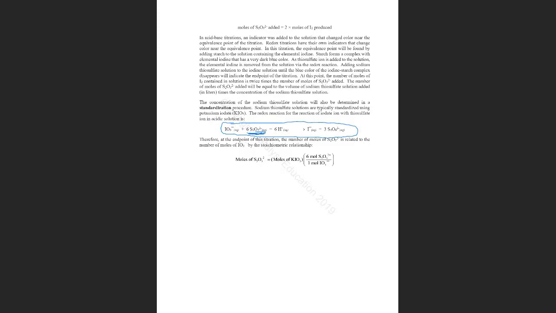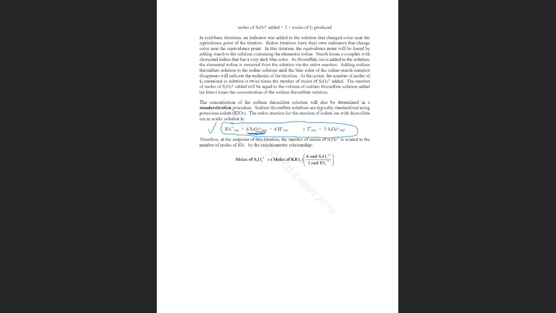So you titrate with sodium thiosulfate until the color suddenly disappears. So it's very similar to the other one. But in reality, here is the equation that you are going to use to calculate the concentration of your titrant.